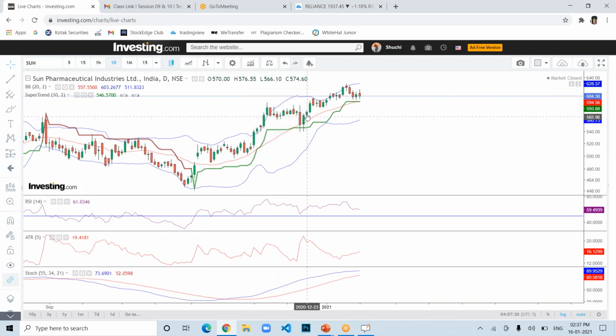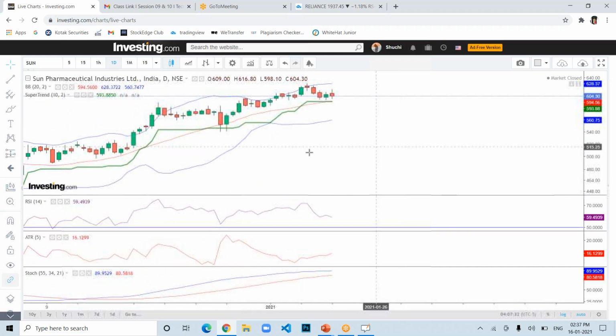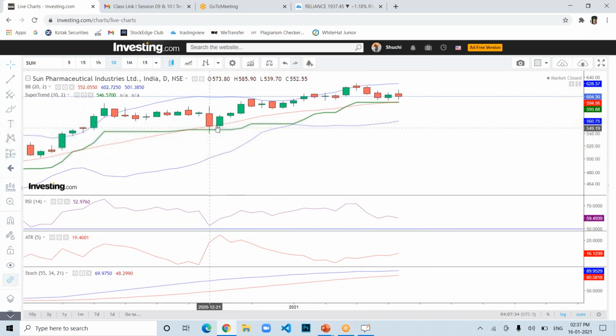This particular candle, this green candle, I'm illuminating it. Now what is it saying? The first criteria says RSI should be above 50. So this is RSI above 50.